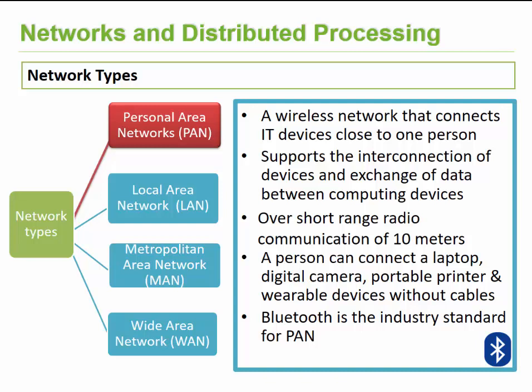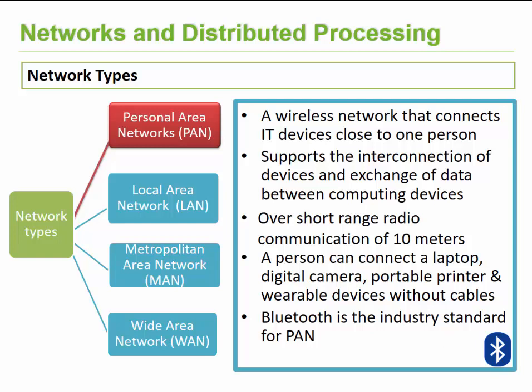It supports the interconnection of all devices and exchange data between computing devices. We are limited to a region of roughly about 10 meters. If you think about the limitations of Bluetooth, it ranges between 3 and 10 meters. And we typically find it where people connect laptops, digital cameras, portable printers and other wearable devices without the need of cables.